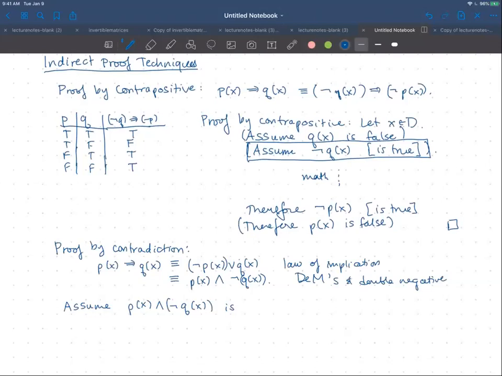So I want negations around all of this. Okay, so when I negate that last statement, that's actually where I get to. So if I show that this is false, or assume that this is true, I want to then show that you get a contradiction.